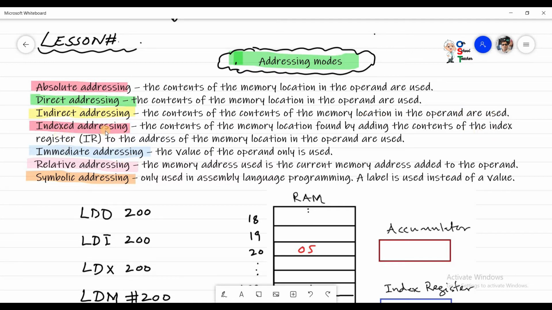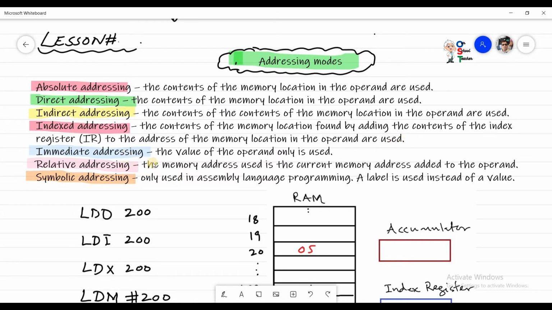Then what is the definition of index addressing? The content of the memory location is found by adding the content of the index register. In index addressing, an index register is used and it has some value, and that value is added to the address of the memory location in the operand, and the content of the resulting location is used.